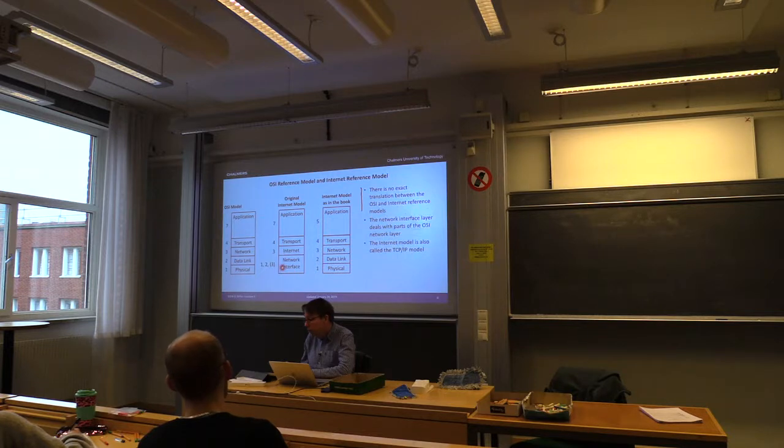So when you Google, you might get information that pertains to layers which are not directly mappable. It's just part of the messiness of the TCP/IP model. The internet model is also known as the TCP/IP model.